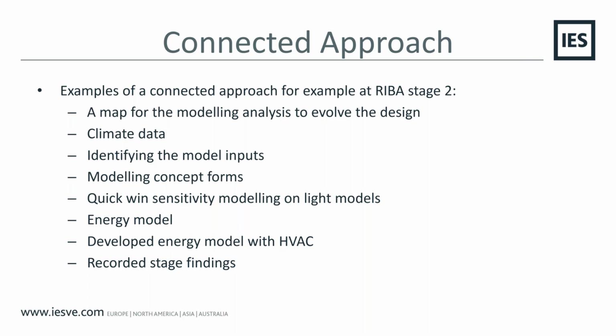Then there's also the case of doing thermal modelling, but starting first of all with a lighter touch, or by doing sensitivity modelling. Identify spaces that may be the most common within your buildings, look for wins on their energy performance first of all, and then repeat that throughout the rest of the building. So if you had, for example, a school, then obviously you could focus on the classroom.